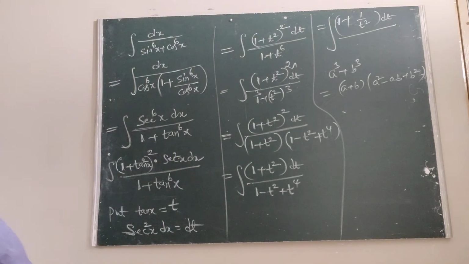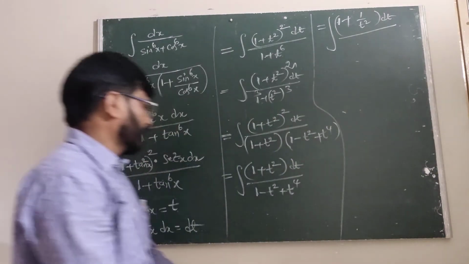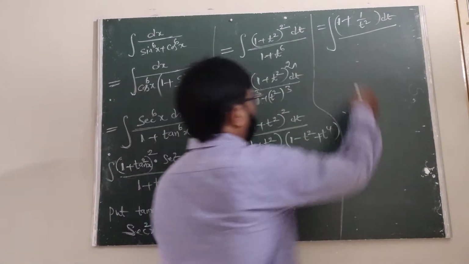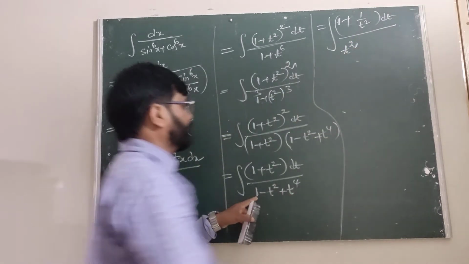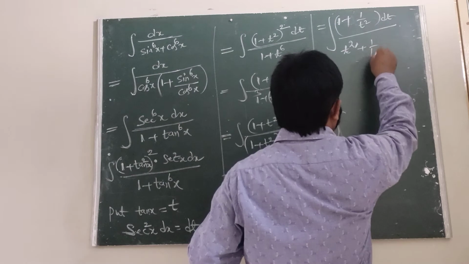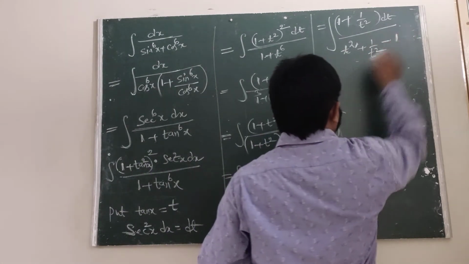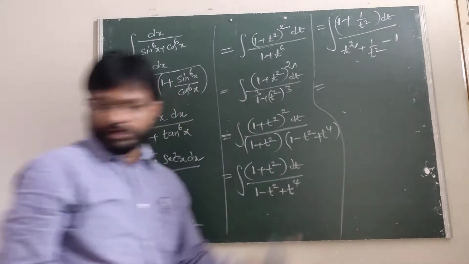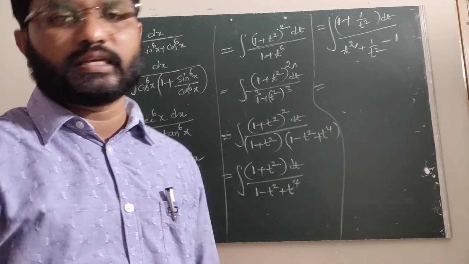Therefore here we can write t power 4 by t square is t square, then 1 by t square, and t square by t square is minus 1. In the numerator we have 1 and 1 by t square with a plus sign.